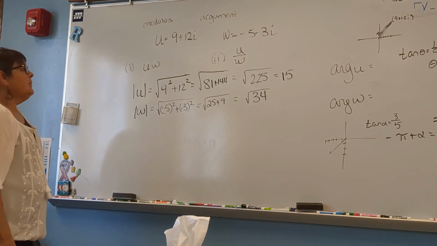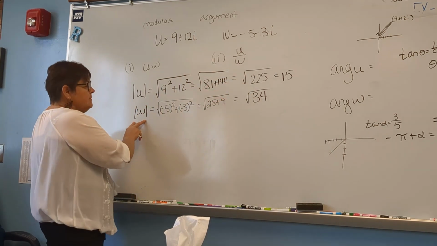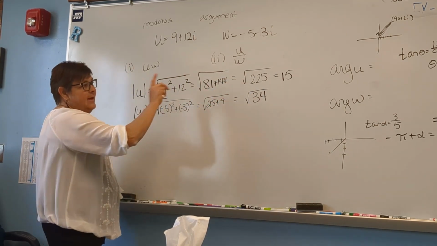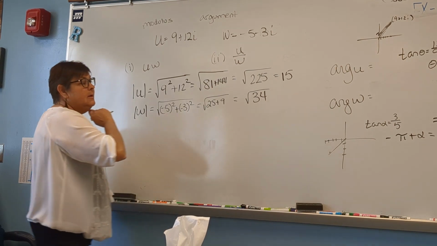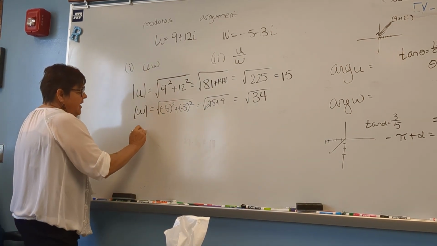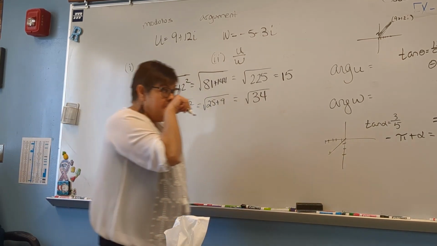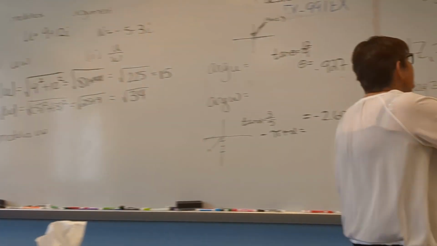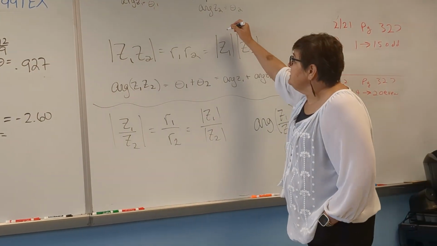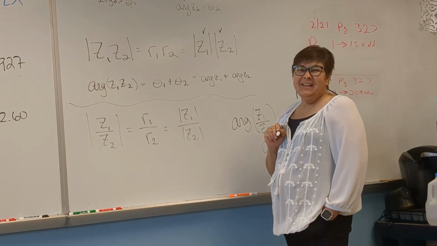So, using what we know now, everybody agree this is the modulus for u, this is the modulus for w, and that's the argument for u and that's the argument for w. How do I go about finding the modulus of u times w? The modulus of u times w is each of the individual moduli multiplied together.